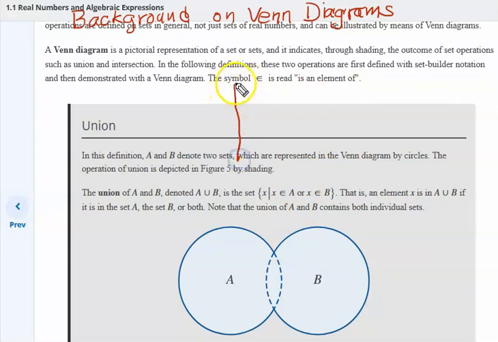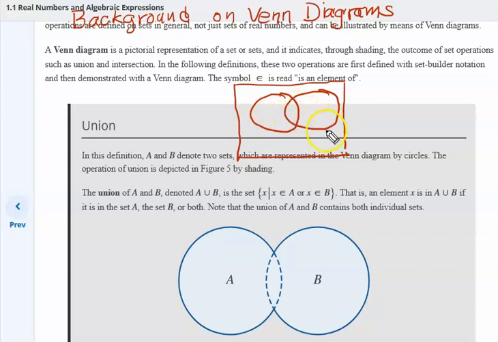So if we sketch a Venn diagram, we usually use a rectangular outer configuration, and then put a circle for a set, and let's say another circle. And notice that the circles are intersecting.